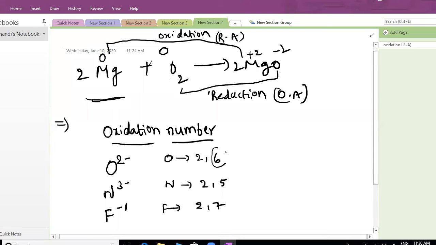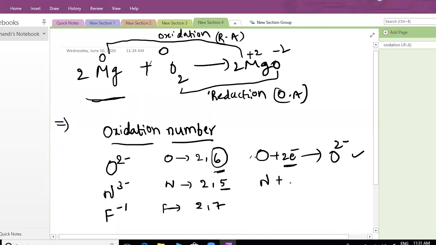To get 8 electrons, how many are required here? 2. So gaining of electrons we call negative charge. That's why I am writing O2 minus. They require 2 electrons because 6 is already there. If they gain 2 electrons, they will get a total of 8 electrons. That is stable. Same thing here. 5 is there. To get 8, how many electrons do they require? 3.